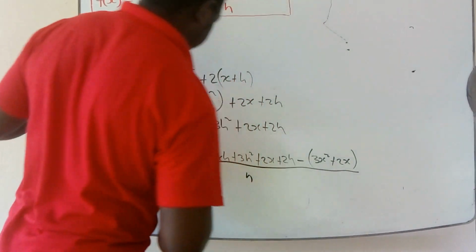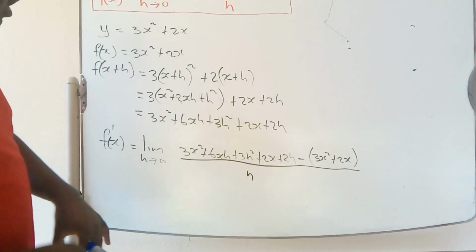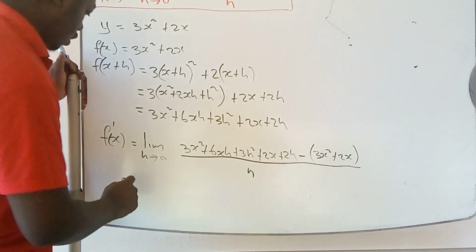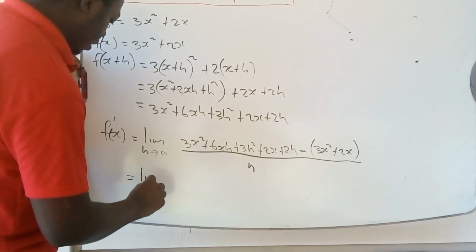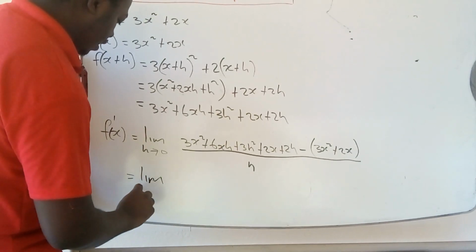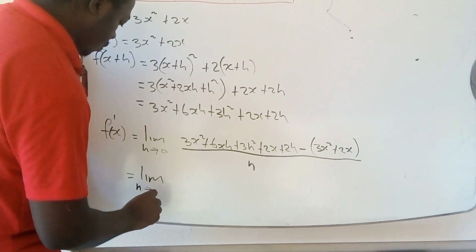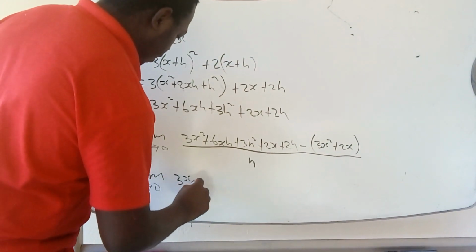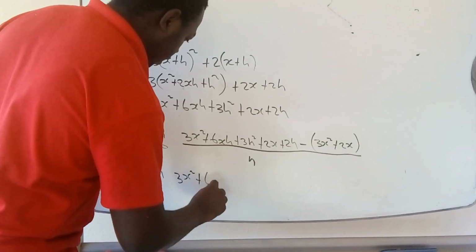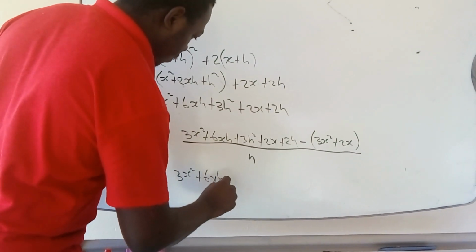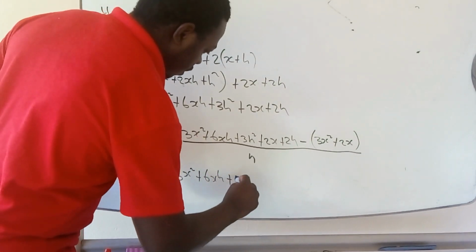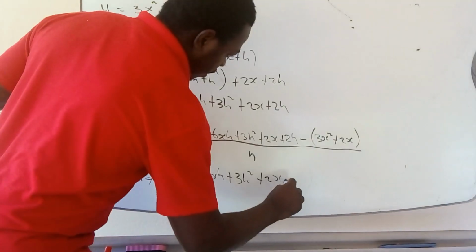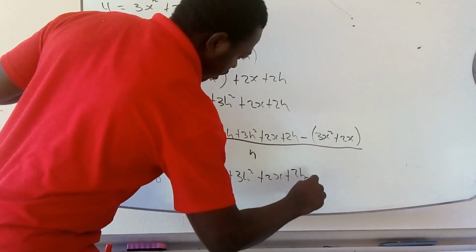All of this over h. You know our aim is to get rid of this h here. So we know this is equal to the limit as h approaches 0 of 3x squared plus 6xh plus 3h squared plus 2x plus 2h.